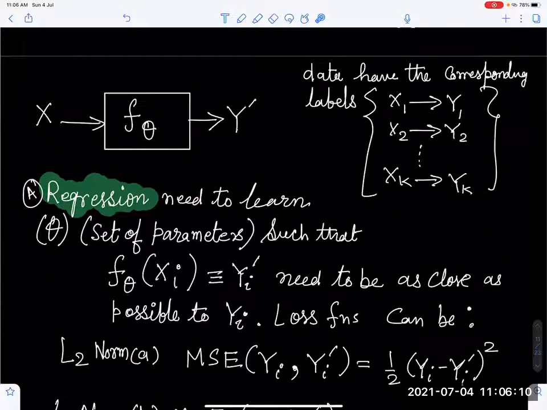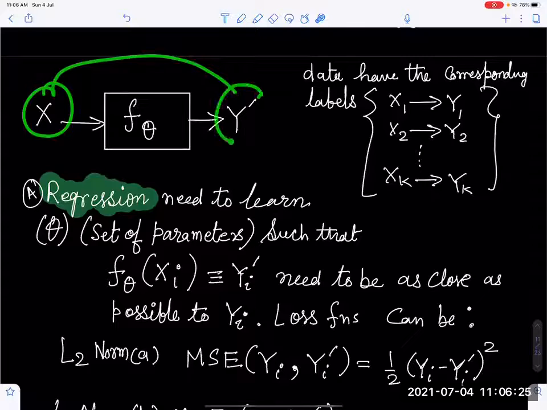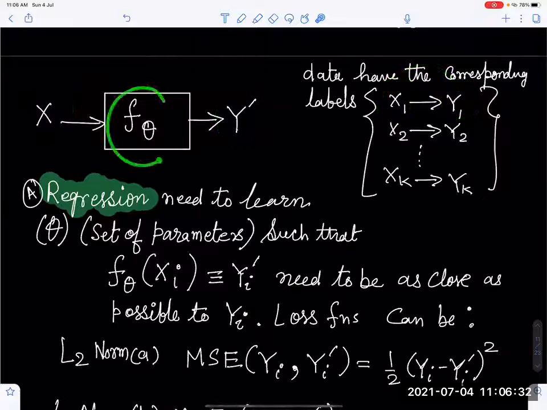Yes, so your x is going to be converted into your y dash, and this is the function that you are trying to learn. And regression is essentially nothing but this: for each and every xi, you know its corresponding yi, then you take your network, give some xi, find out some value, and see how far it is from the actual ground truth.